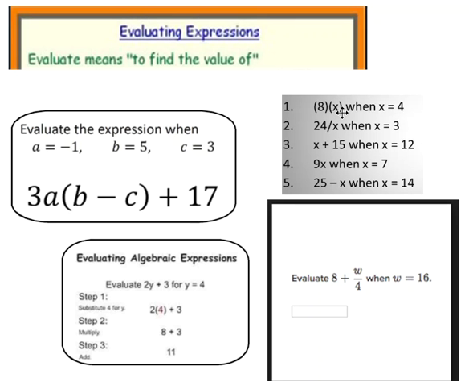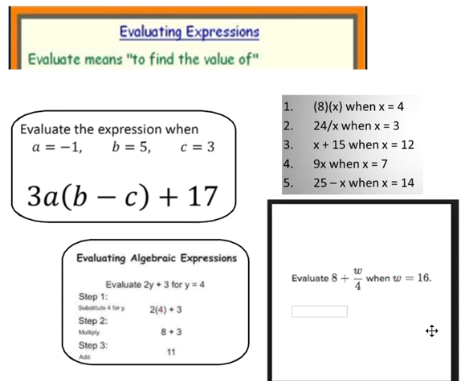So you would just substitute that in there and see what you get: 8 times 4. Same thing here. Now it's a division problem, really. 24 divided by x when x equals 3. So they're telling you the values of the variables. That's what makes it possible for us to figure things out and to evaluate them, to solve them, or as they say, to find the value of them.